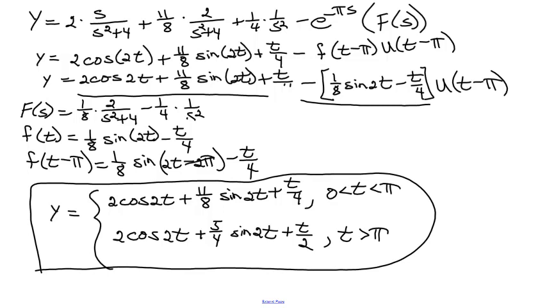I might have reduced that fraction wrong. Yep, no, I think that's correct. We had 11/8 minus 1/8. Yeah, that's correct. So 11/8 minus 1/8 is 10/8. 10/8 is 5/4. So that is correct.